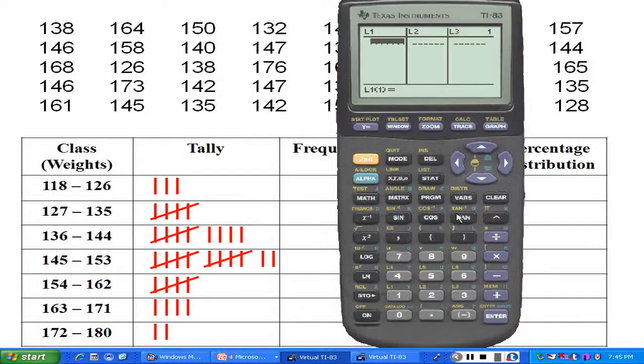Okay. Now that we have this, our next step is to enter all those numbers into L1. How do we do it? Well, 138 and enter. 146 and enter. 168 and enter.